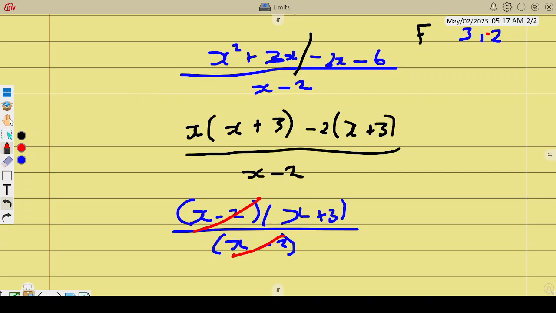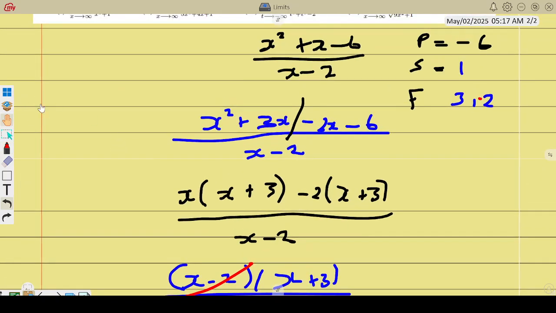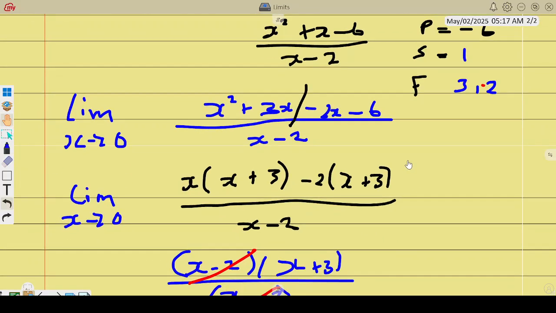So we cancel. And then here I forgot, there are some strict lecturers who expect you to always bring down this, especially when we go to differentiating using the first principle. There you can never forget this. You always bring down limit as x approaches 0.